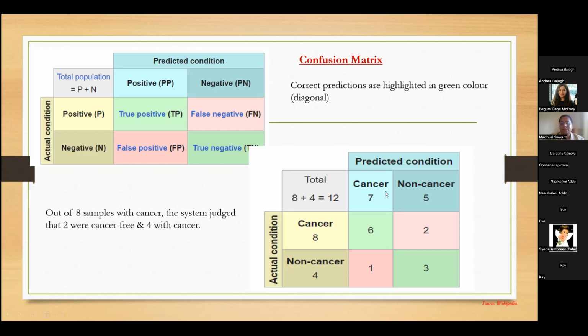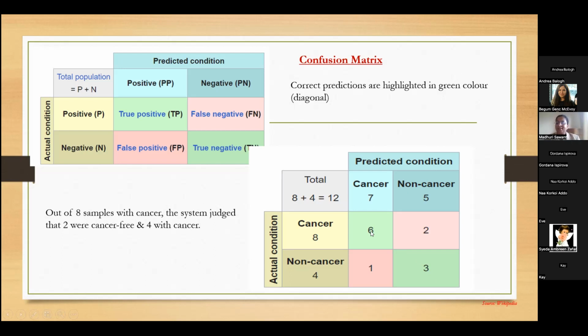And now, what's the next thing? Our model predicted, this is our model. The green cells indicate the correct value. Here we have the cancer and non-cancer, the predicted one. Out of 8 people with cancer, our model correctly predicted 6 cancer patients. Out of 4 non-cancer patients, our model correctly predicted that these are non-cancer people.